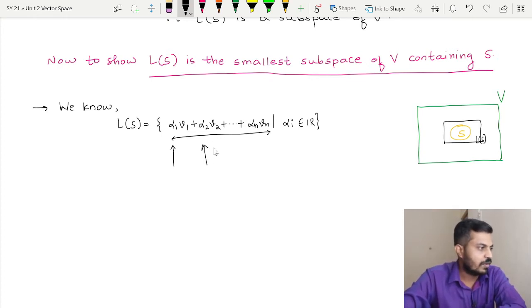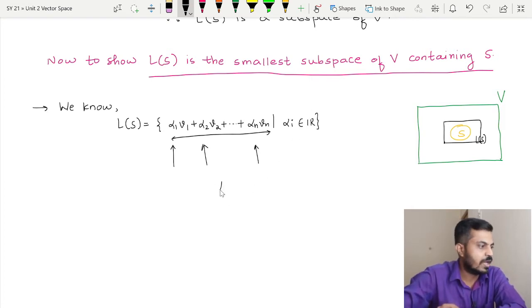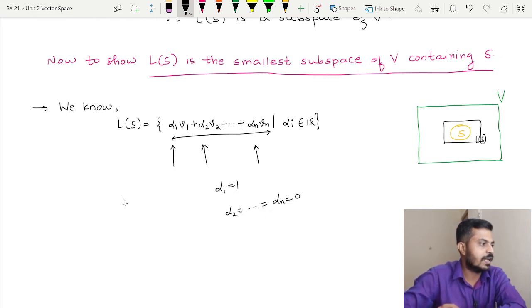If you choose any values of alpha 1, alpha 2 up to alpha n, whatever vector you get will lie in L of S. In particular, if I choose alpha 1 to be 1 and the rest of the alphas to be 0, then you will get V1.